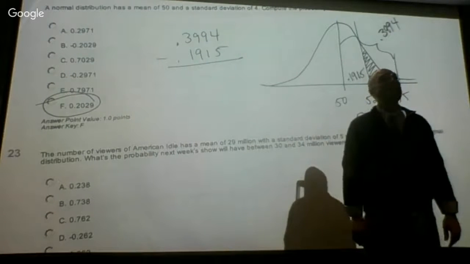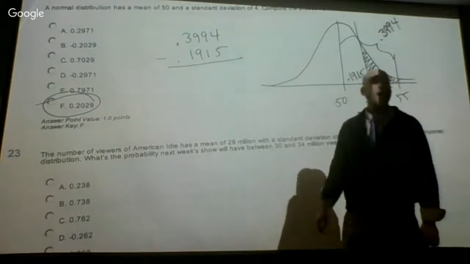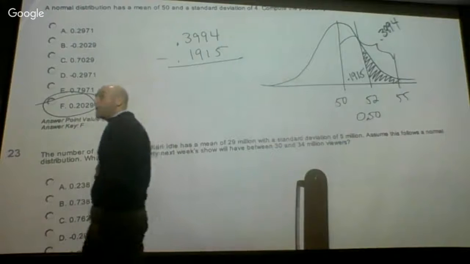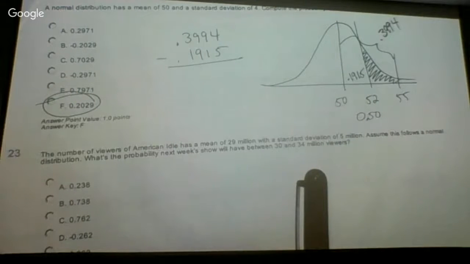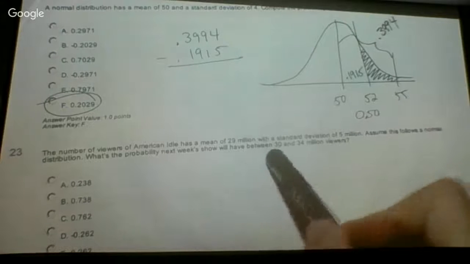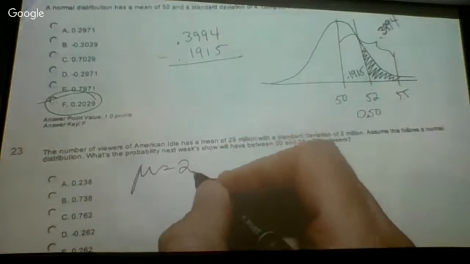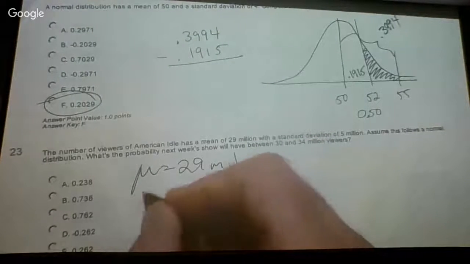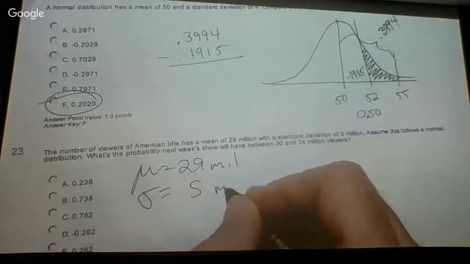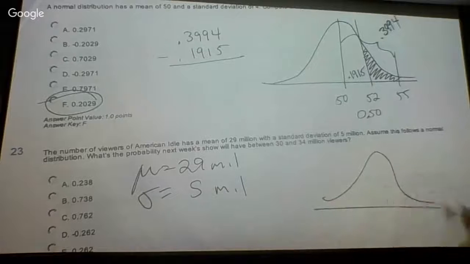I don't think that's all that different from what we've been doing thus far. In the interest of time, if we can, we'll come back. Does anybody not know the appropriate strategy to address this question? Hint: mu is 29 million, sigma is 5 million, and we operate under the normal distribution.